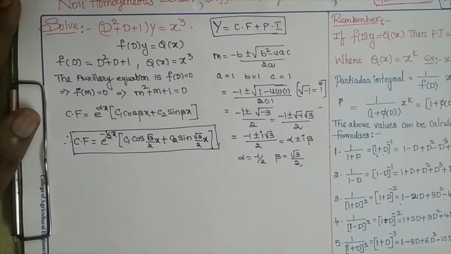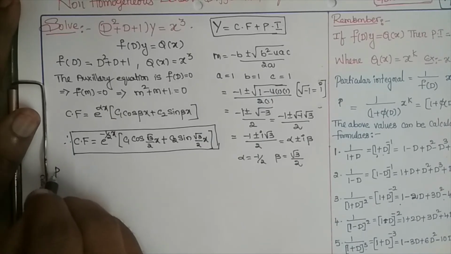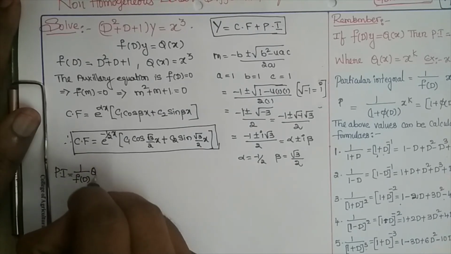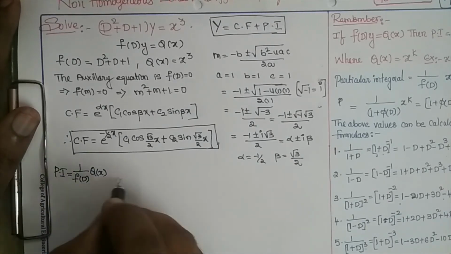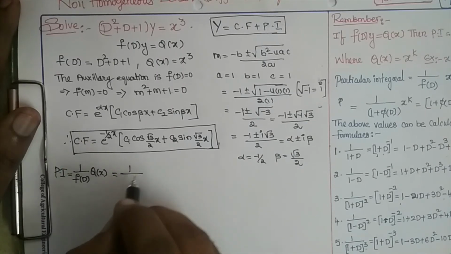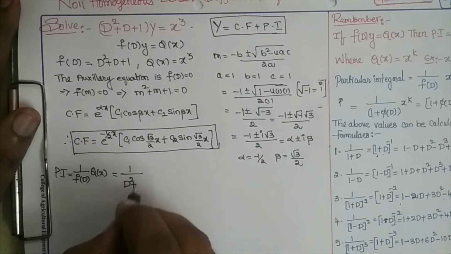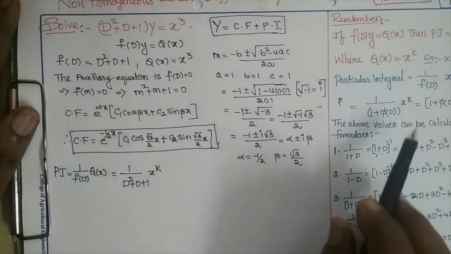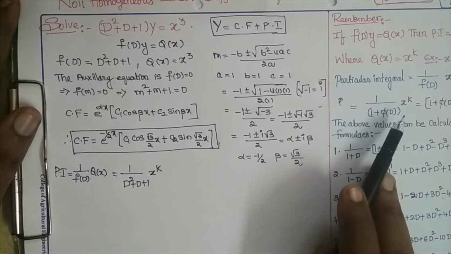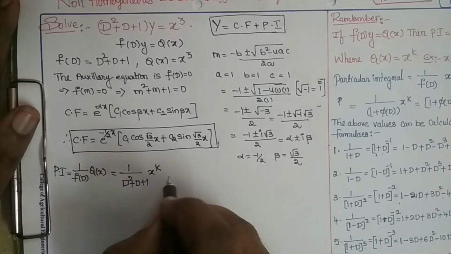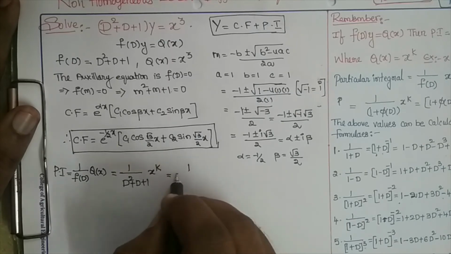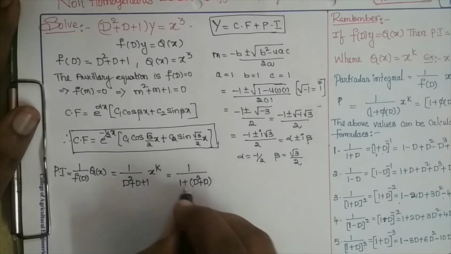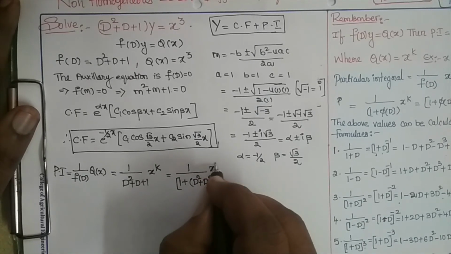Next we will go for the particular integral. The general form of the particular integral is 1 by f of D into Q of x. Let us substitute f of D and Q of x: 1 by D square plus D plus 1 into x power k. See the rule: f of D can be written as 1 plus phi of D, so for our convenience I can write 1 plus D square plus D into x power k.